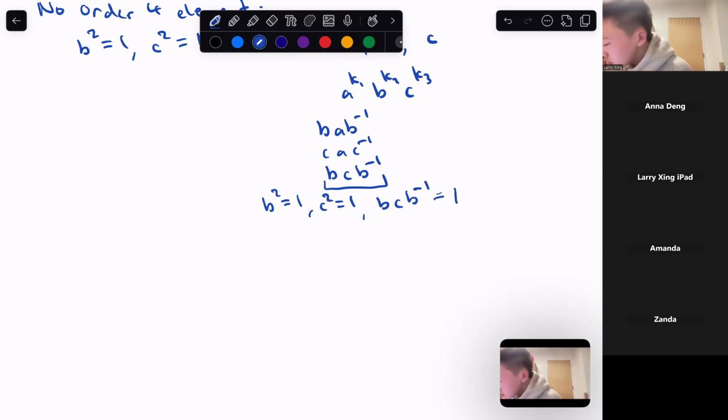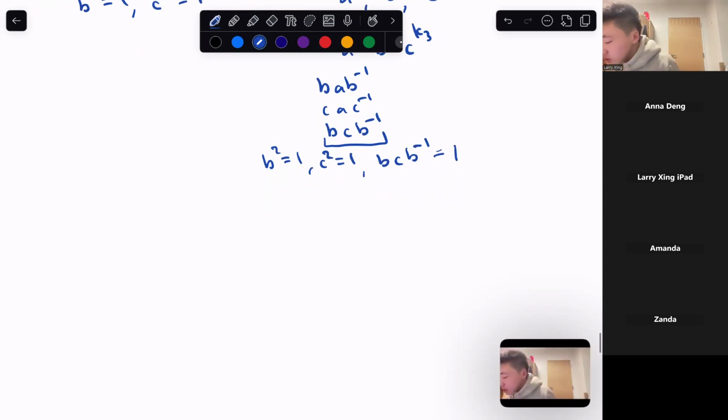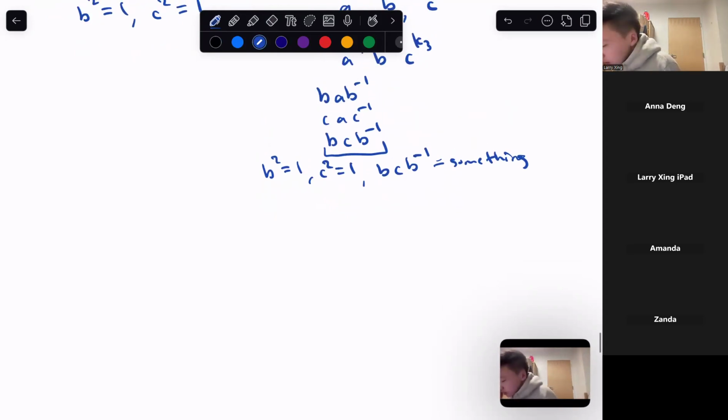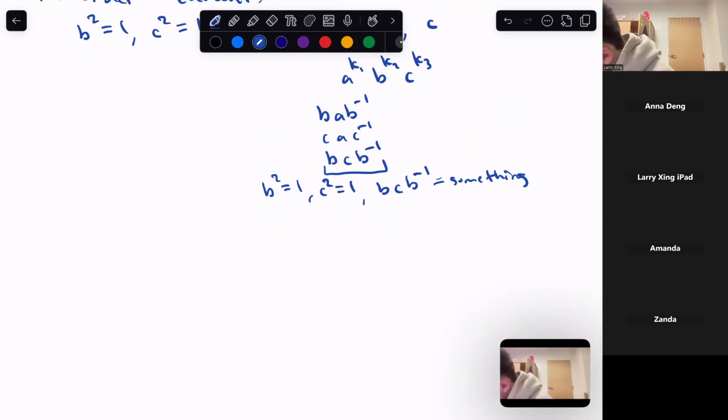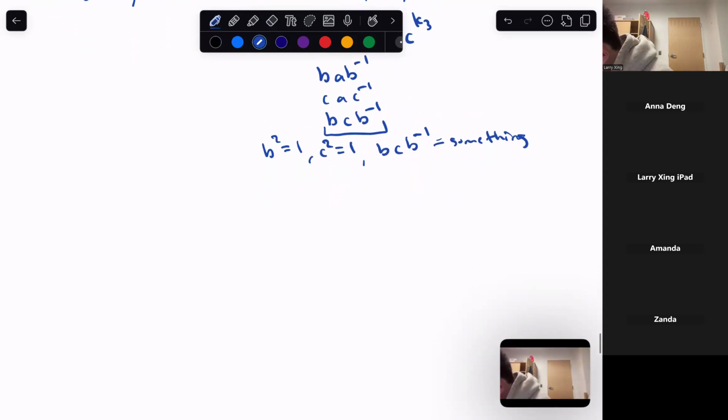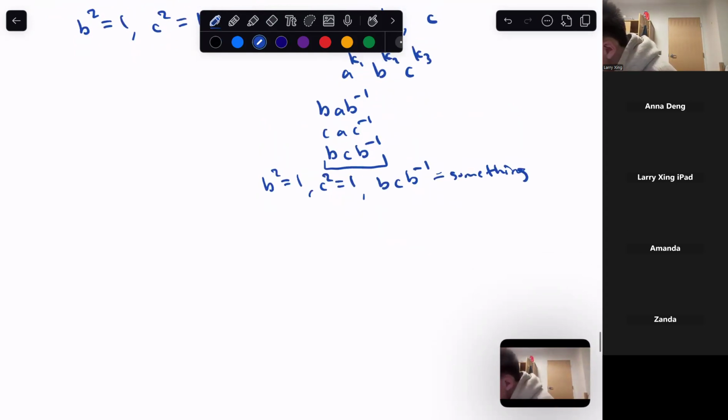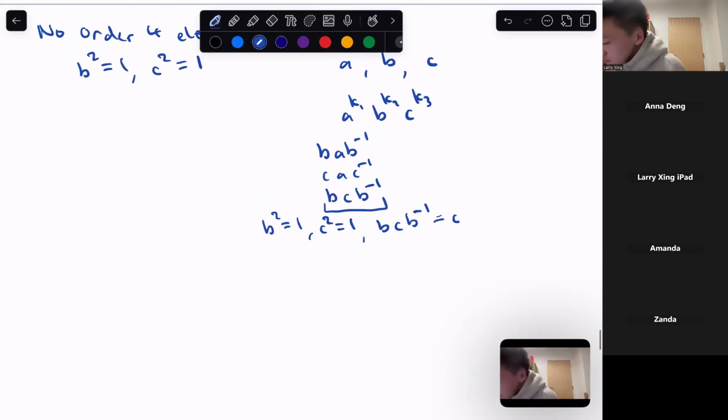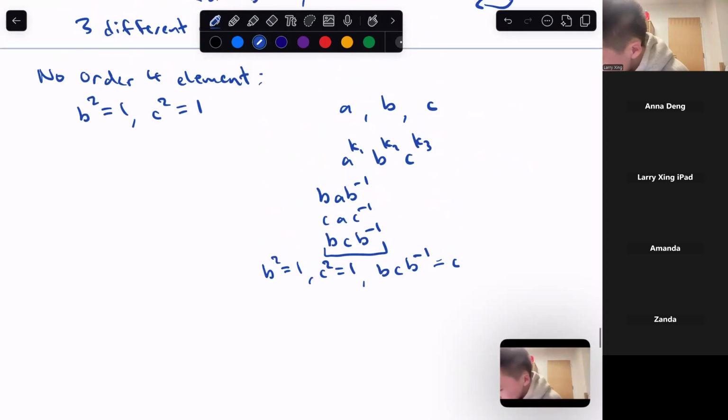This is very easy to deal with because this must be a group of order 4. And it turns out that these must actually be abelian. So BC, b to the negative 1 must actually be c, which is pretty nice.